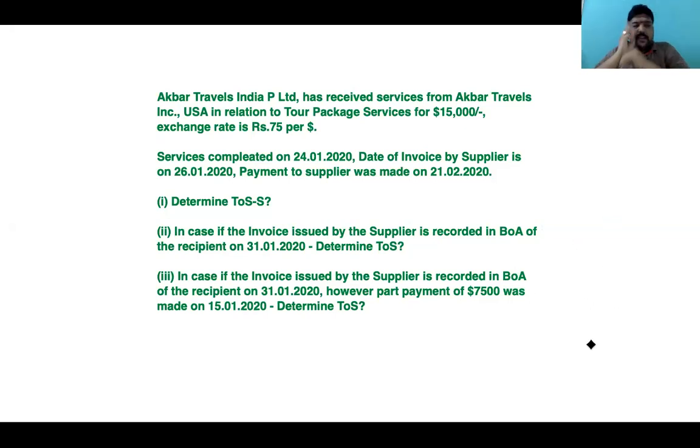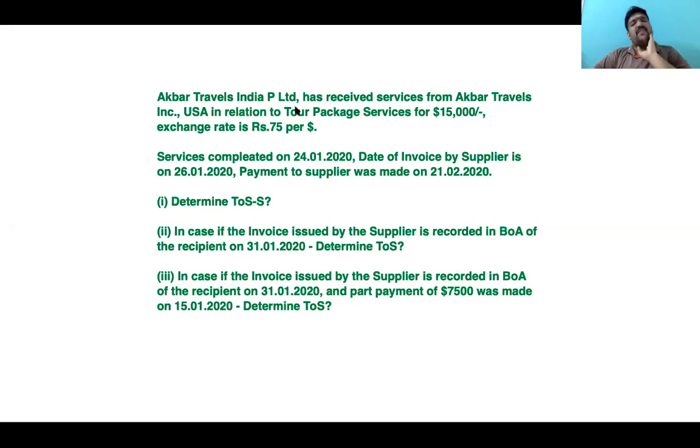Yes, third situation. In case the invoice issued by the supplier is recorded in the books of accounts of the recipient on 31/1/2020, and a part payment of $7,500 was made on 15/1/2020, what would be your time of supply?